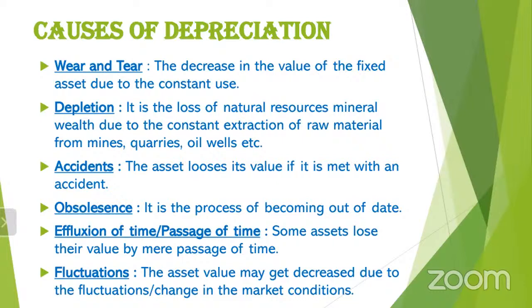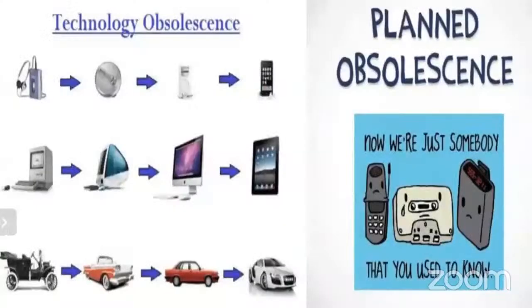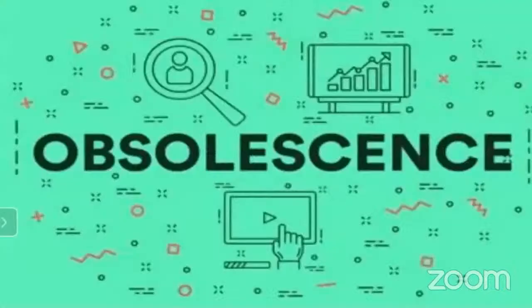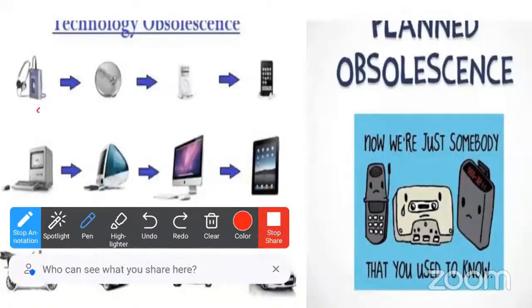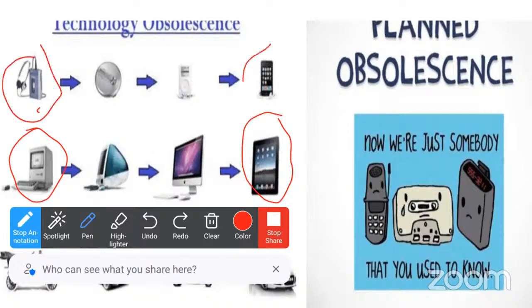Okay, next, obsolescence. It is a process of becoming out of date. In this picture, we can observe that computers have changed, now we are using laptops. Like that, cell phones also we are using with new technology.